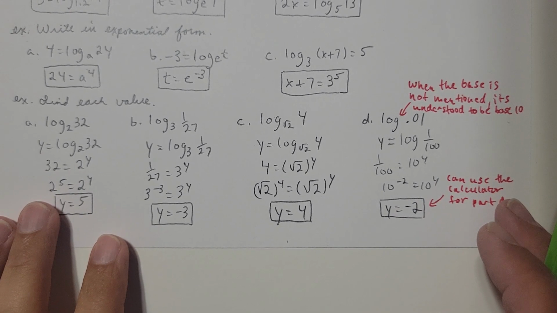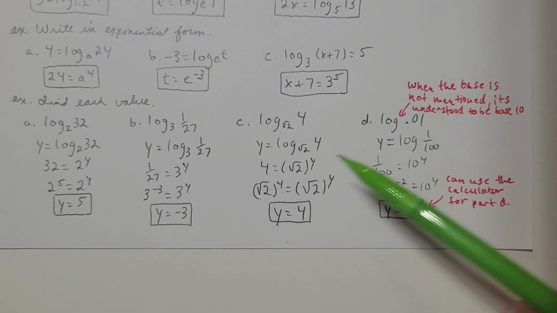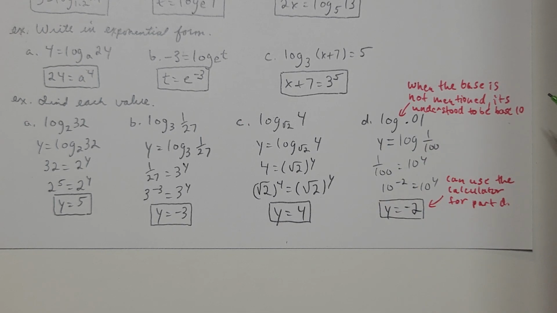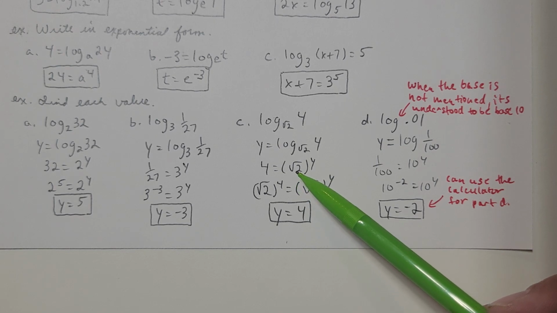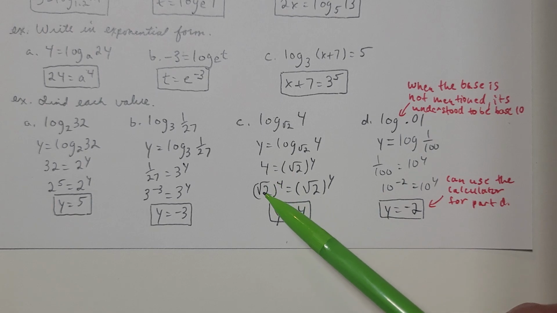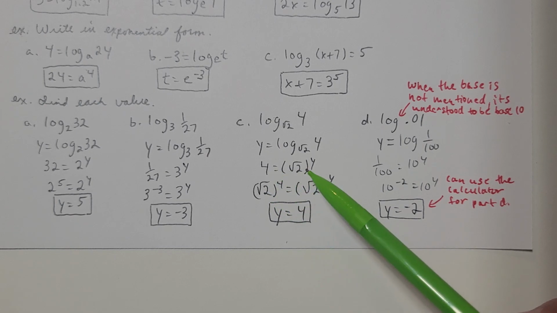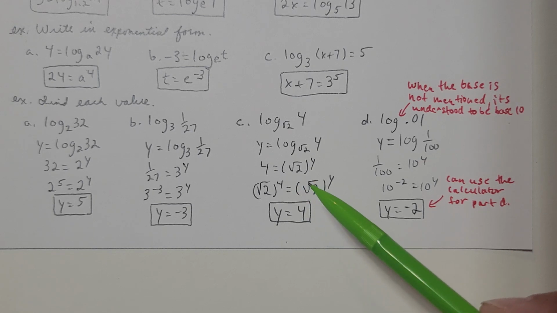How about part C? I need to know log base the square root of 2 of 4. Let's call that y, and we'll use the definition to change that to exponential form. Root 2 is the base, so root 2 to the y equals 4, the x value. Now I'm in exponential form, and I want to get the same base on both sides.